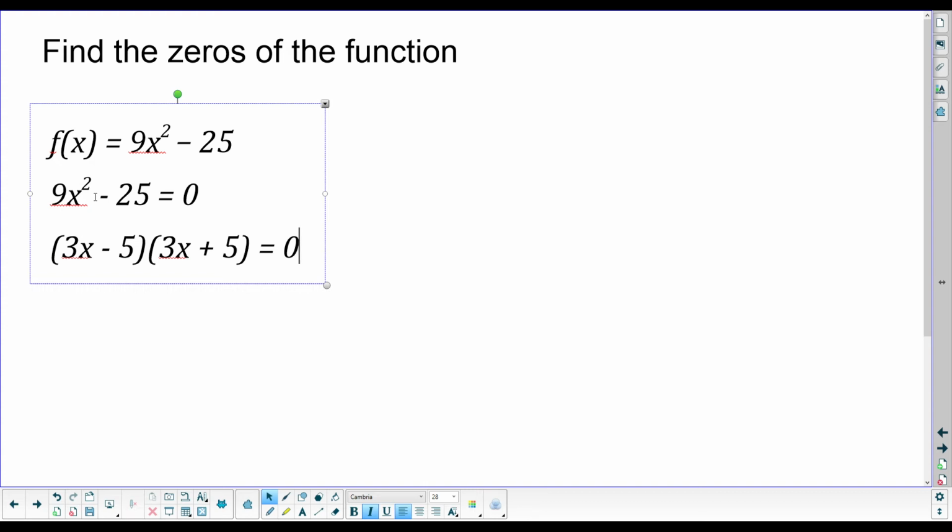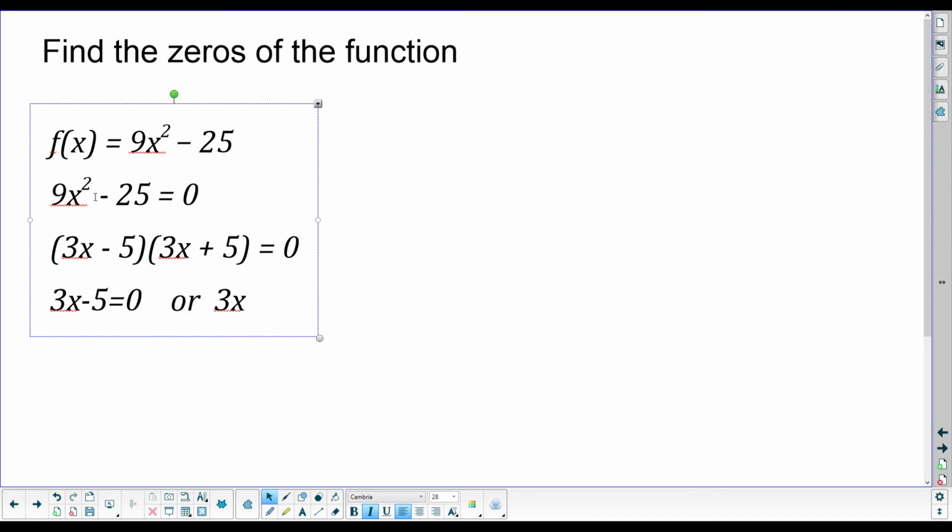So my zero product property says that either 3x minus 5 has to be 0, or 3x plus 5 has to be equal to 0. So one of those two things has to be 0. One of those two binomials, right, has to be equal to 0.